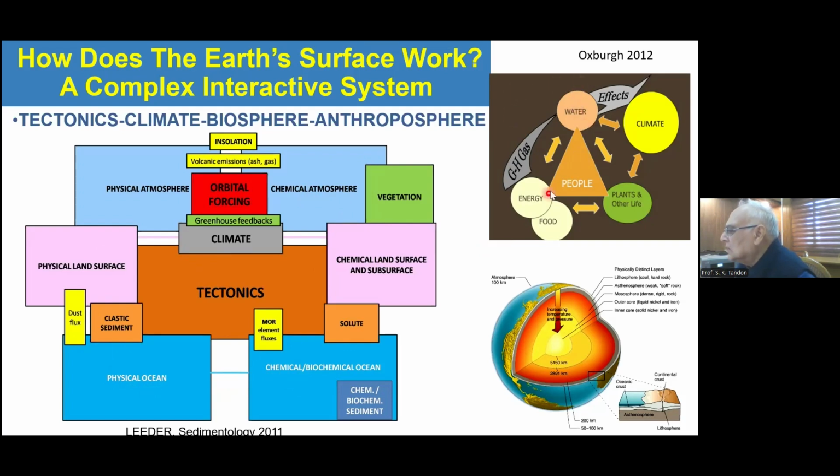Humans essentially are, and this triangle here represents people. Today, 8.3 or 8.4 billion people now. And then their needs. And those needs essentially come from this entire tectonics climate system on which there is habitability. We need energy, we need food, and we need water.